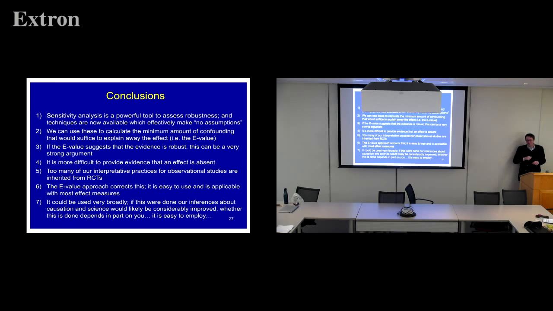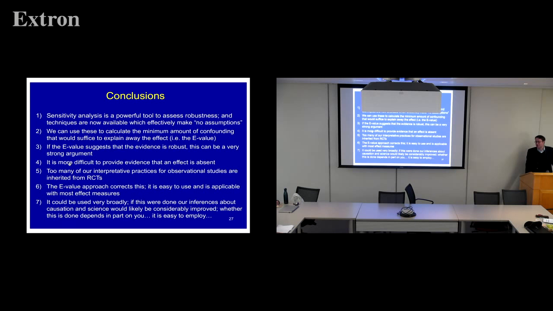And if the e-value suggests the evidence is robust, I think you have a very strong argument. I think the extreme skepticism, which one sometimes encounters in econometric circles, of "well, no regression analysis could ever provide evidence for causality, we need a natural experiment," I really don't think it's true. If we have a well-designed longitudinal study with good confounding control, and these metrics are indicating strong robustness, I actually think that's a very strong argument.